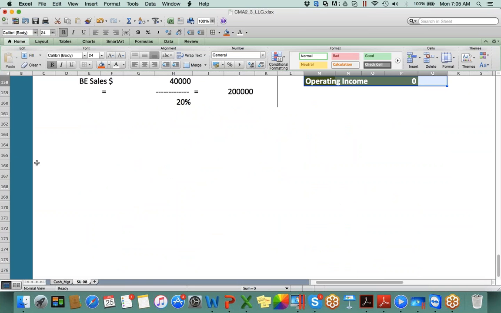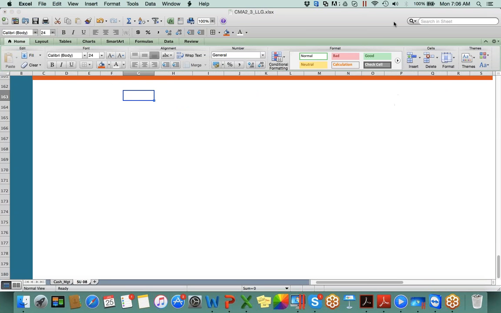Now let us calculate the break-even point with a projected profit, expected profit, or desired profit. Break-even point with the desired profit.